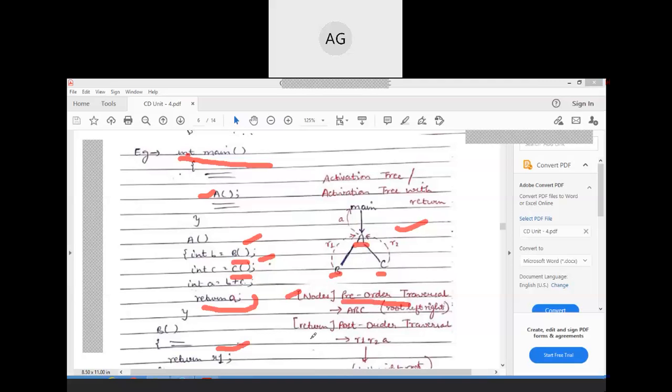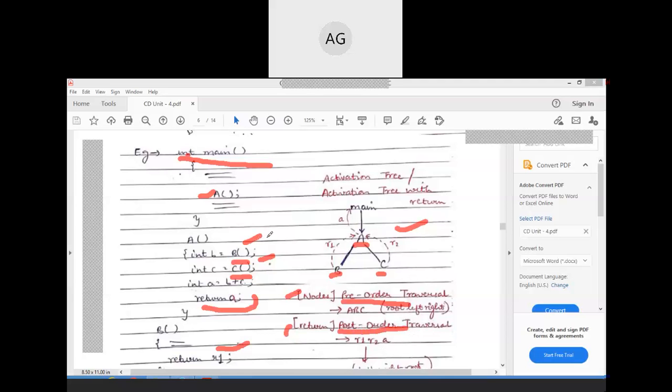But when we are returning values, the traversal is post order. Means in post order, first we get the value of the left subtree, then the right subtree, and after that the root value.